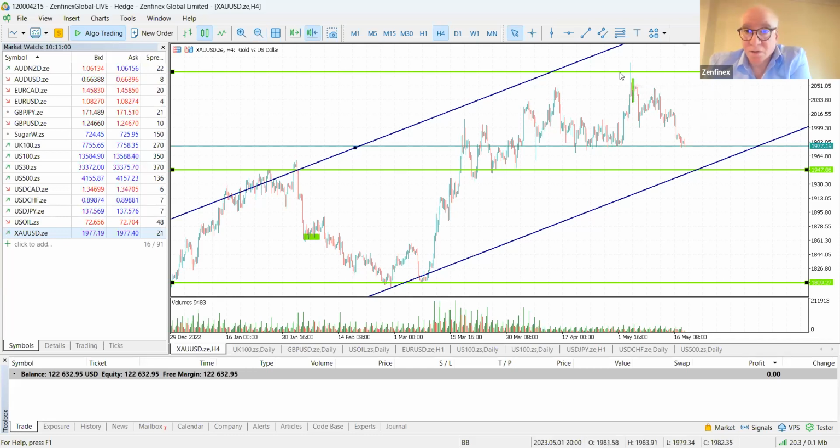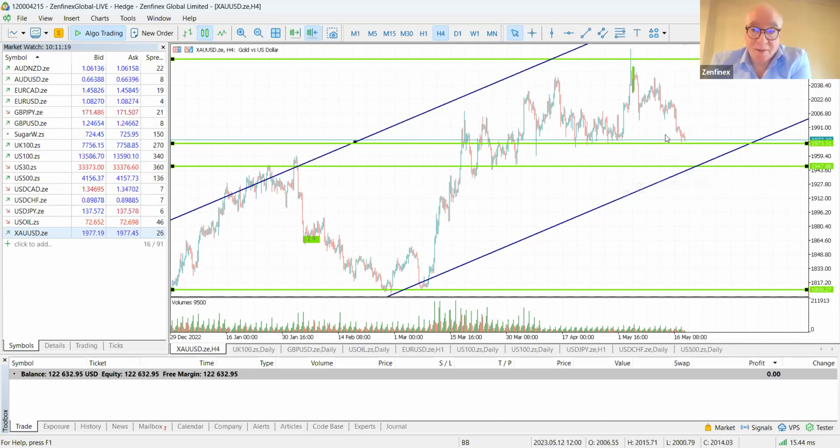Let's have a look. We can see it reached the high, kept going lower, lower, lower. It stopped at the bottom of that consolidation. So we can see here support, support, support, support.